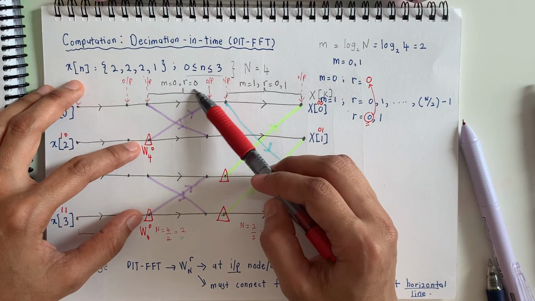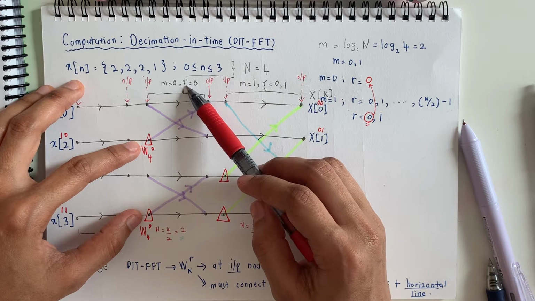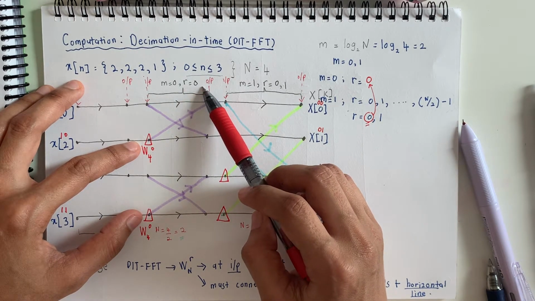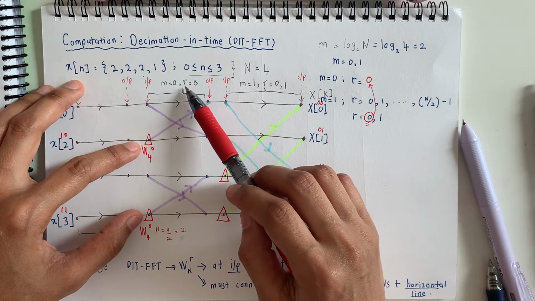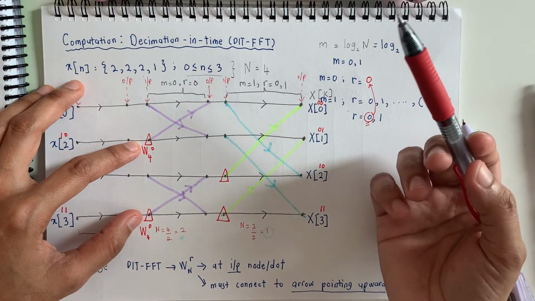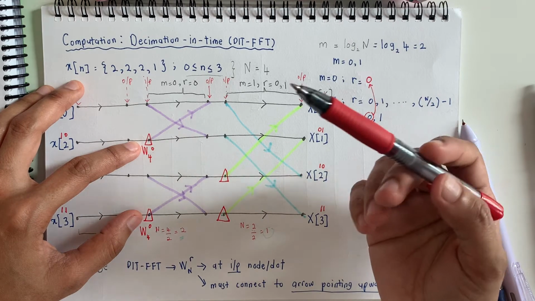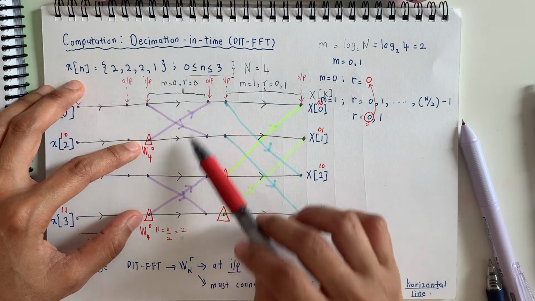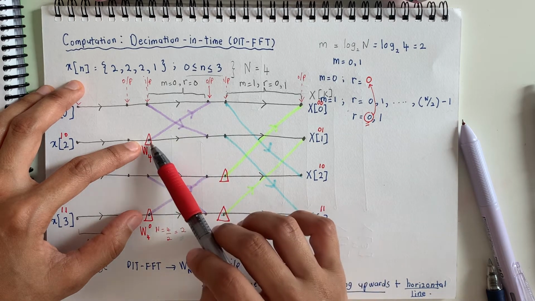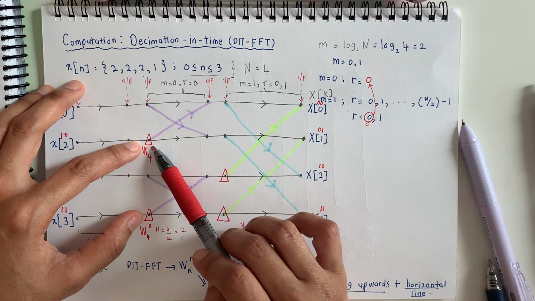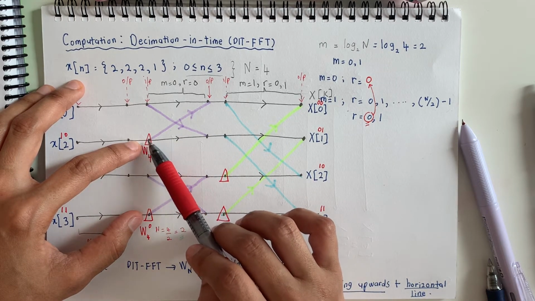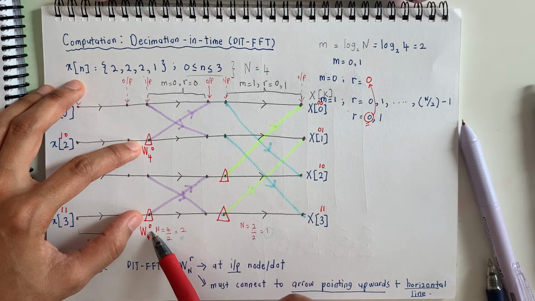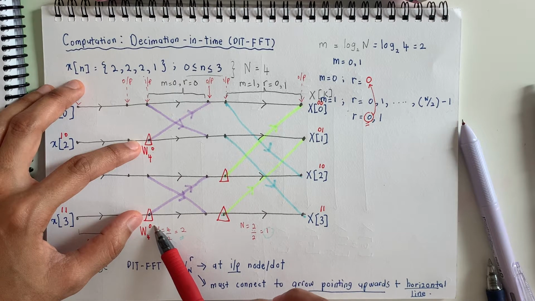If you look here, we only have one R value, which is 0. Again, the R value represents how many twiddle factors you have in one group. So if you look here, we have 2 groups, and for each group we have 1 twiddle factor. So definitely the value for this one is W_4^0, and this one is also W_4^0.